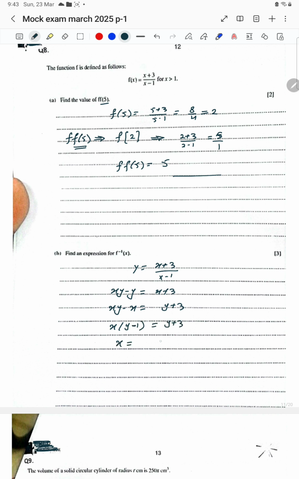So we have made x the subject. So that is the final result. This means the inverse of this will be x plus 3 over x minus 1. And its domain will be x greater than 1, because at 1 it will not be defined.